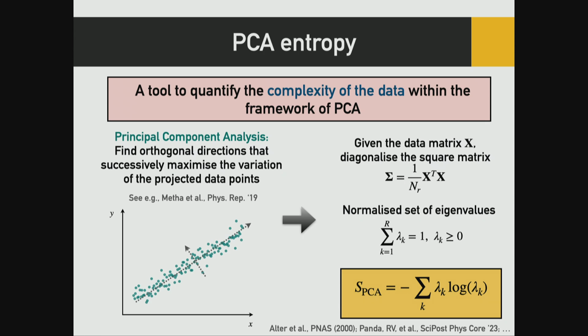Here we will only utilize the eigenvalues, and we know that these eigenvalues are all non-negative, and furthermore we can always normalize the set of eigenvalues by the total sum of them. So at the end of the day, what they define is nothing but a probability distribution. And finally, we use that probability distribution to define the PCA entropy according to the Shannon formula that is in this yellow square.